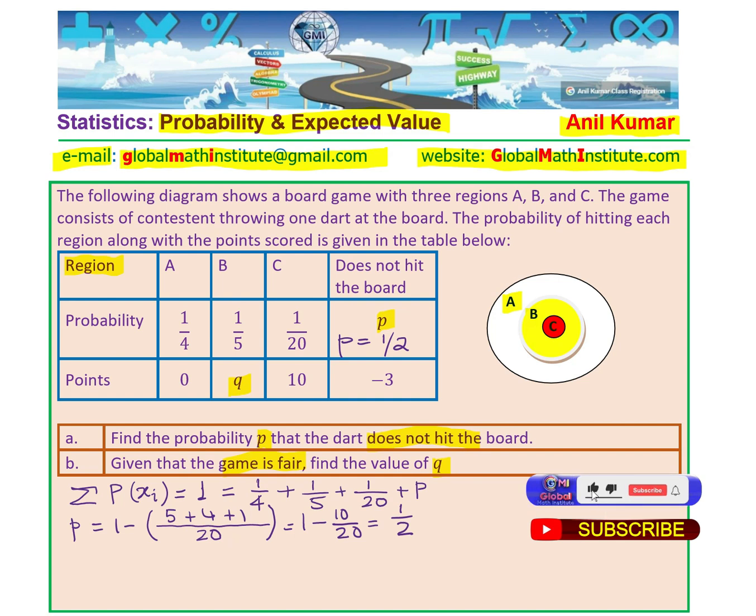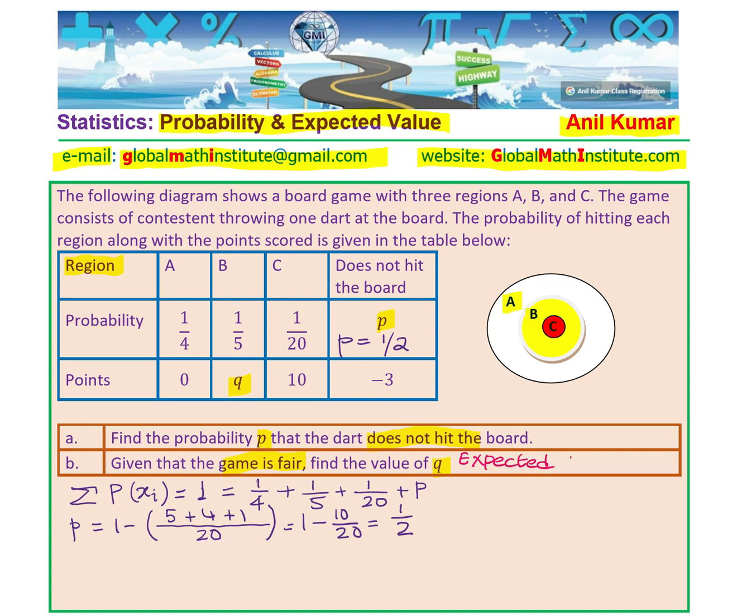Now let's look into part B of this, which is, given that the game is fair, find the value of Q. Now what does it mean that the game is fair? Fair game means that the expected value is no win, no loss, 0, right? So the expected value equals 0.